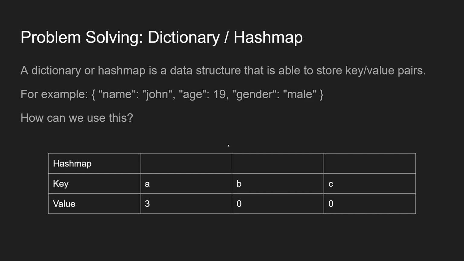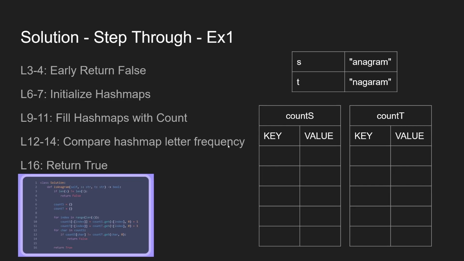And we can use this to make a pretty efficient solution. So this is the code here, but don't focus on that too much yet. I'm going to step through how the code actually works.